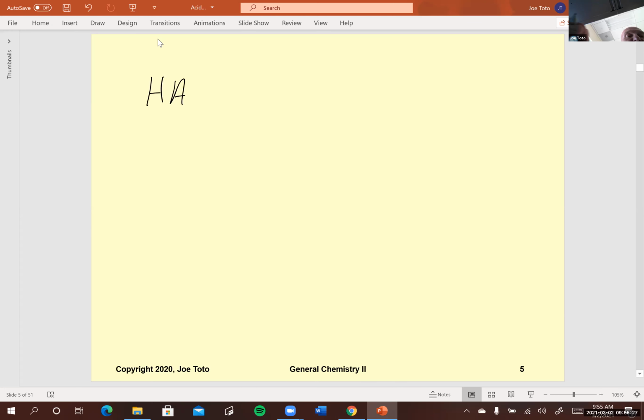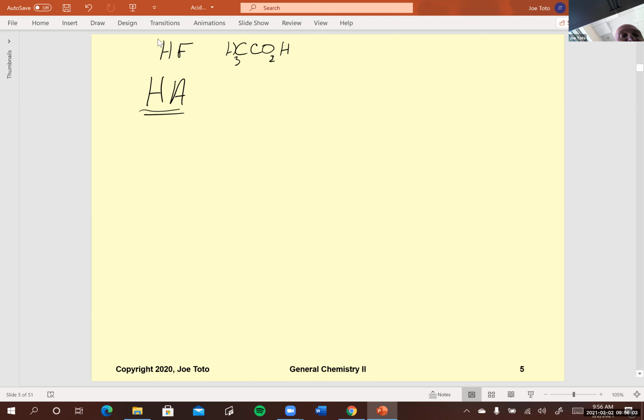This could be, for example, HF, or it could be acetic acid, CH3CO2H, or some other weak acid. And I'm going to react that with water, and I can get my equilibrium and so forth, right?